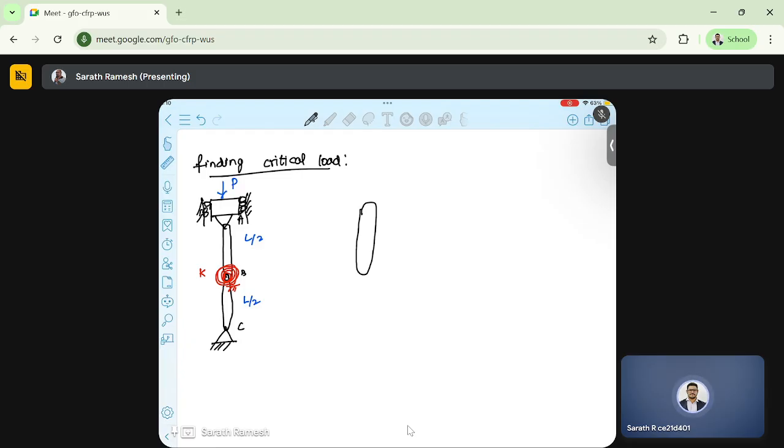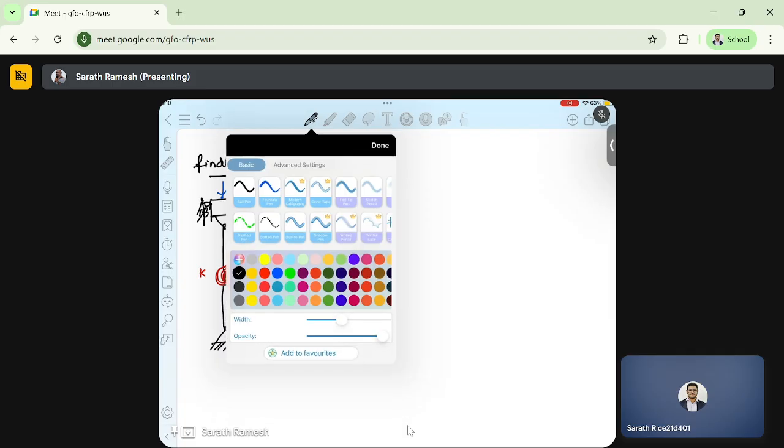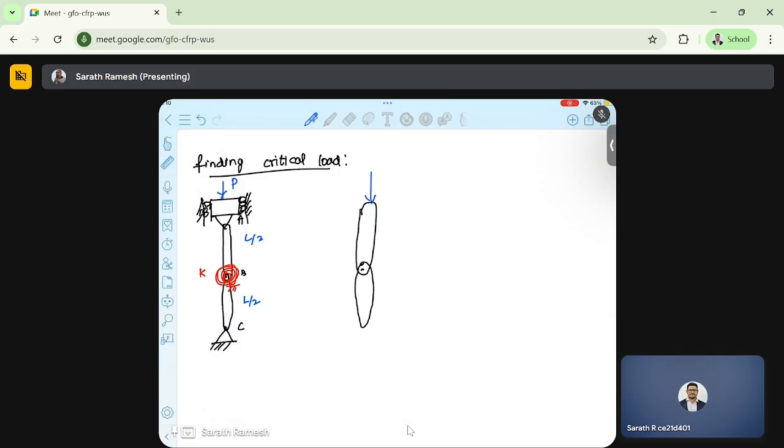If it is straight, if ABC is straight, there are no problems. It is going to remain straight.